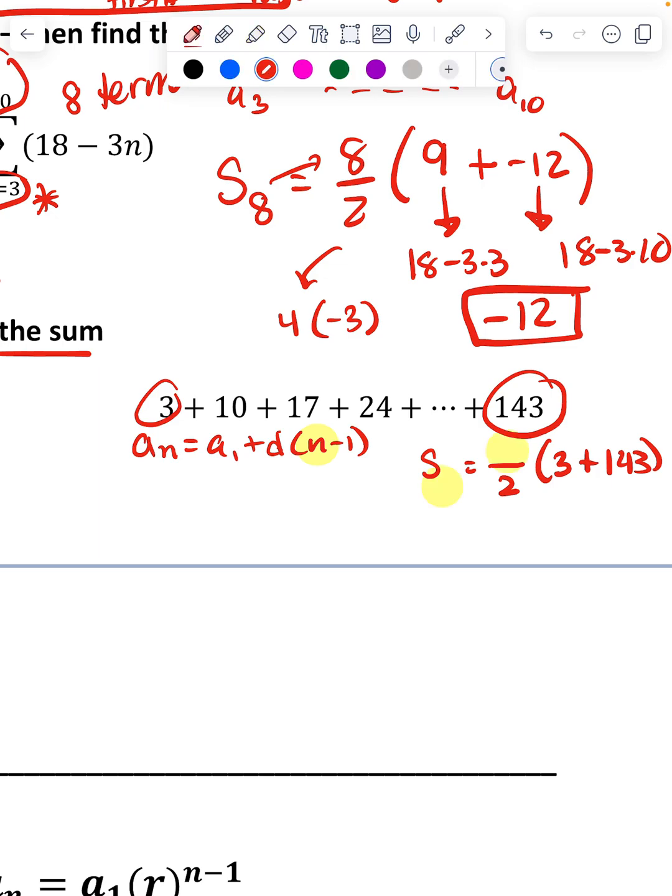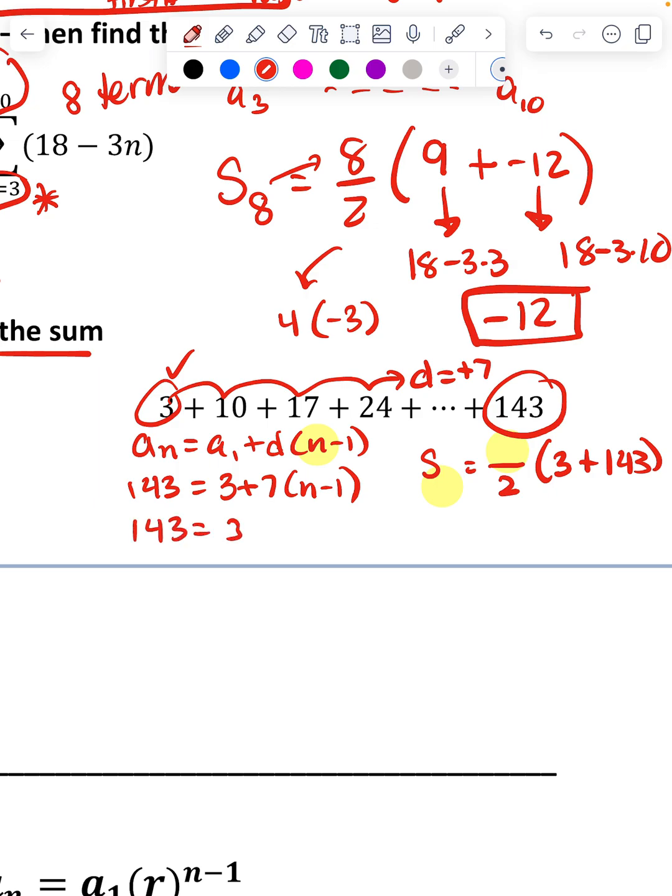So let's put in what we know. Do we know the last term? Yes, 143. Do we know the first term? Yes, it's 3. Do we know the common difference? Well, if I look, I can see that the numbers are going up by 7. So now I know everything but n, and I can use algebra 1 to solve.